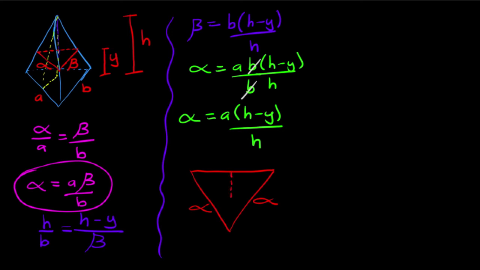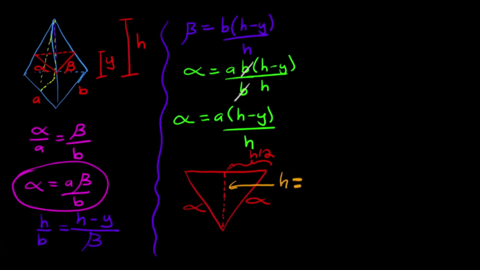Since what I want to do is find the area of this triangle, what I need to do is find the height. So this side right here is alpha over 2. And so using the Pythagorean theorem, we can easily find that the height is equal to square root of 3 over 2 times alpha.